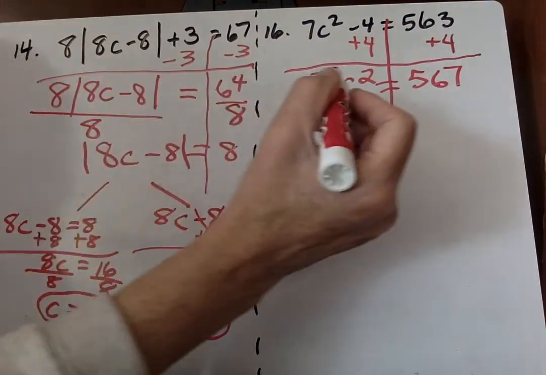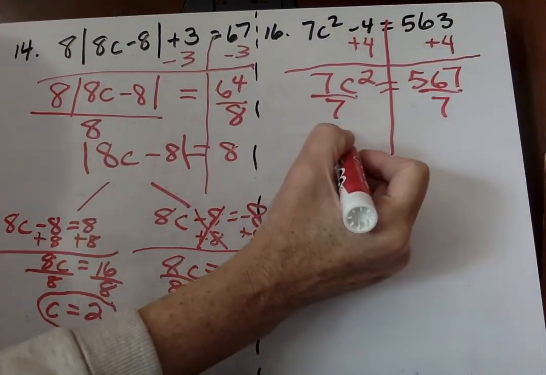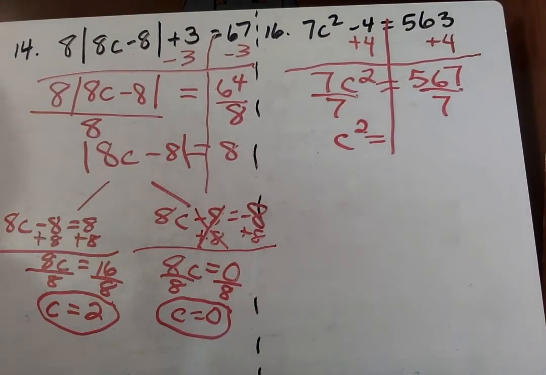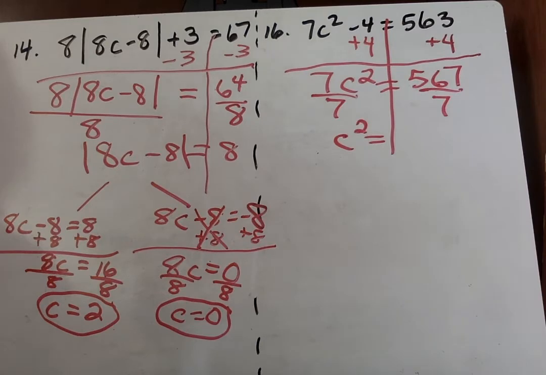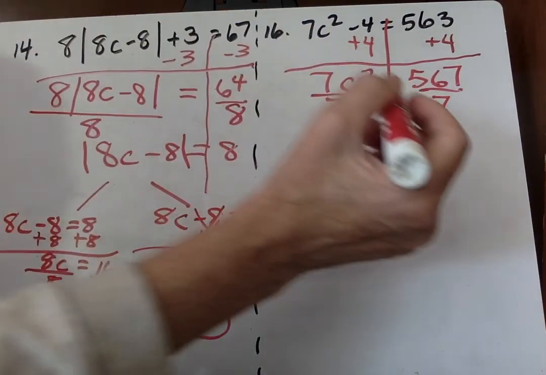Next thing we want to do, divide by 7. And 567 divided by 7, and we get 81.